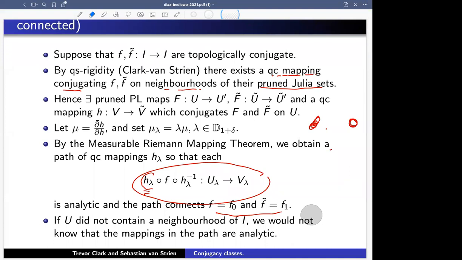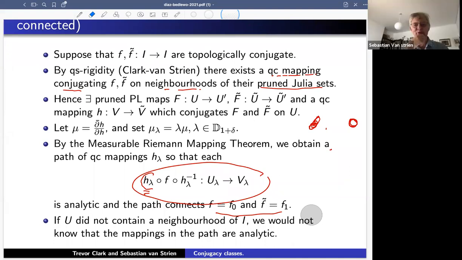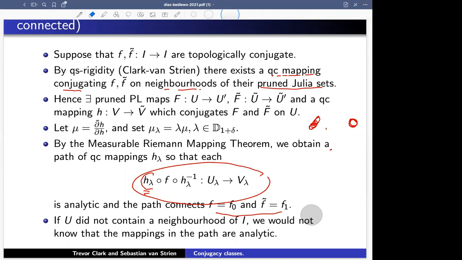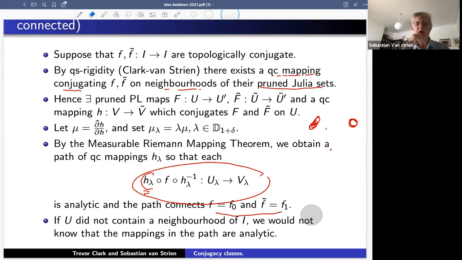Does that answer your question? I think it was Sheldon, isn't it? That's right. I think the first question, when they're conjugate, you have this connected space. I presume that you don't always have polynomials in that space. You're absolutely right.